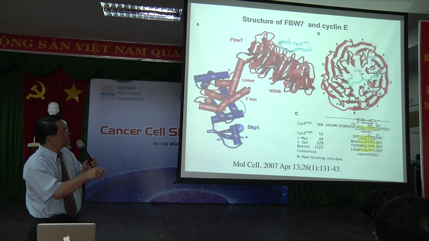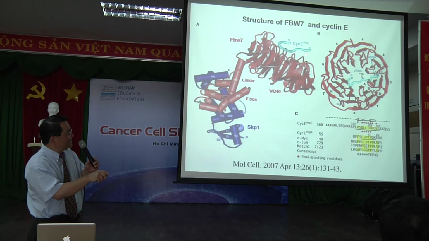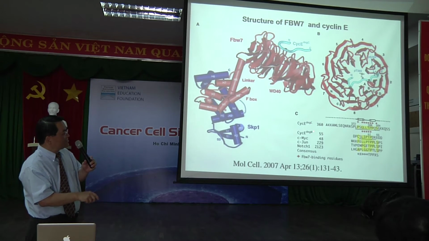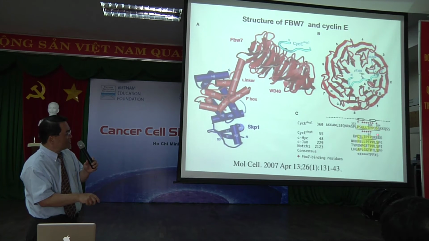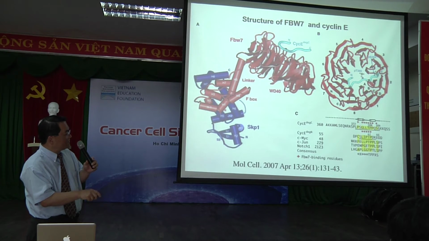You see that FBW7 uses the WD motif to recognize cyclin E. The sequence is shown here. Cyclin E has a certain sequence that is recognized by the WD40 motif.